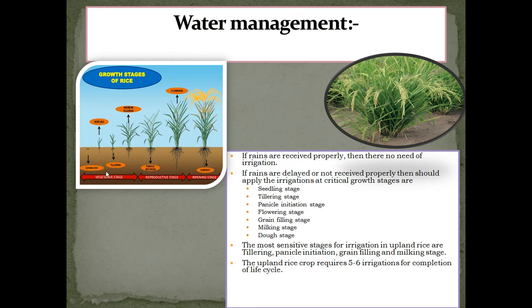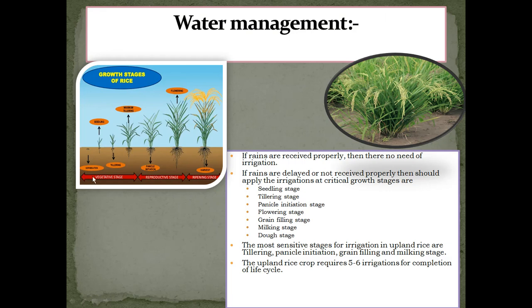As we know, the responsive stages for irrigation and nutrients: initially there is no positive response to the inputs, but after the seedling stage, that is tillering to flowering, these are the responsive stages, highly responsive to irrigation and chemical fertilizer or inputs also.